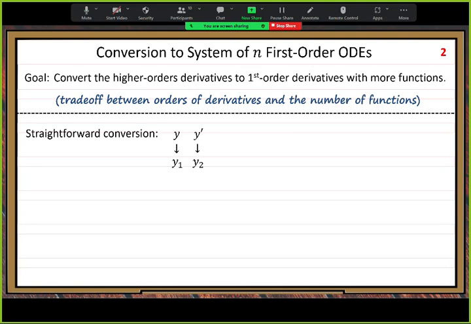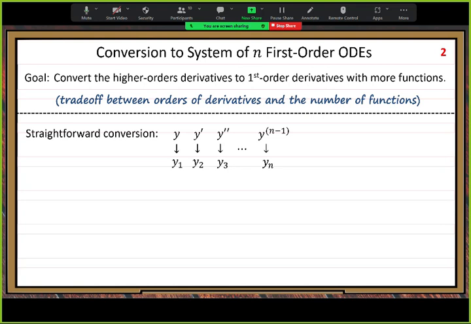Then y double prime is y3. That straightforward mapping, and so on. The last one, the n minus 1 order derivative, is mapped to the function yn. So here we need to use n functions to bring down the orders in the original higher order ODE.